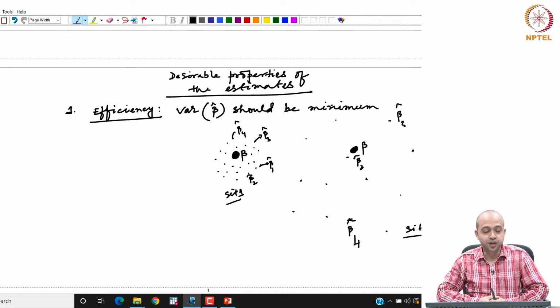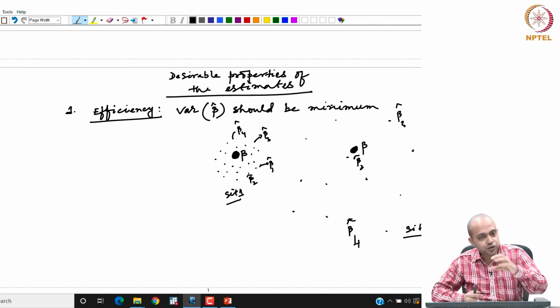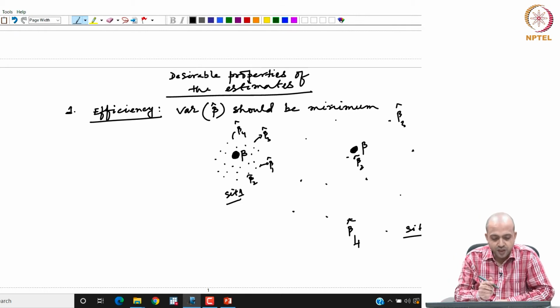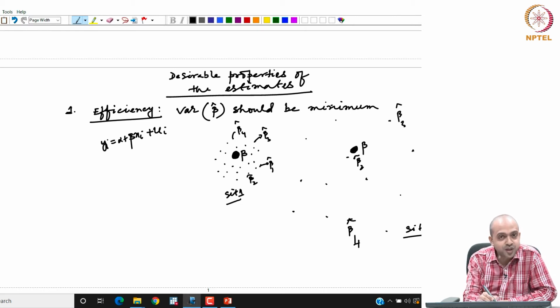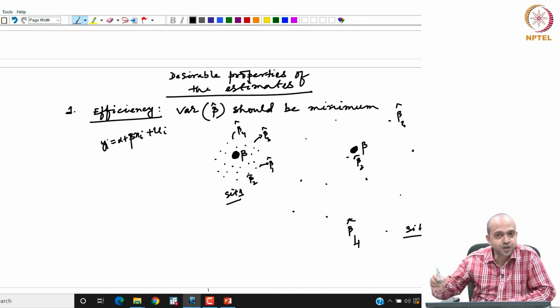But actually in reality we will collect only one sample, we will estimate only one beta hat, but we will ensure the minimum variance property. Why? How? Because of a statistical procedure. If you recall, we have assumed that yi equals alpha plus beta xi plus ui, and we have assumed that this ui follows a normal distribution.